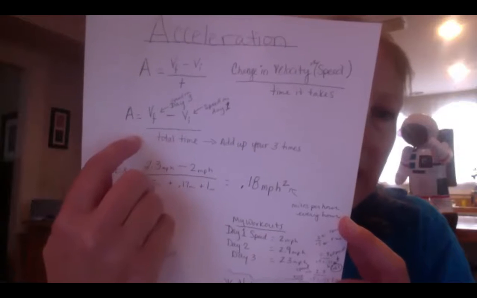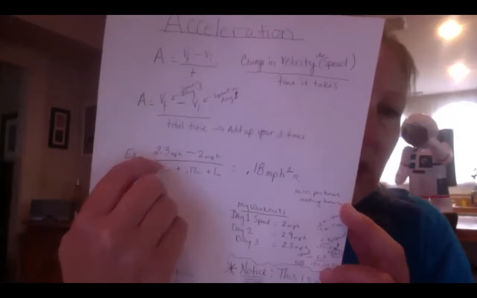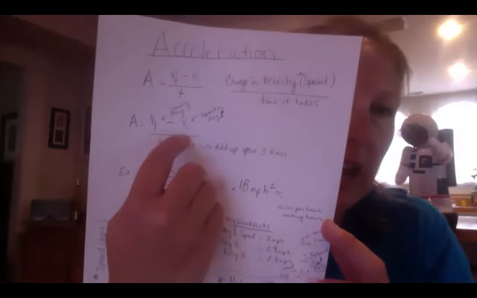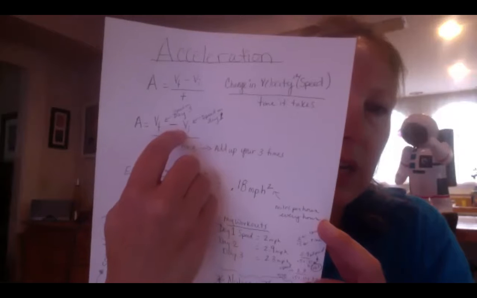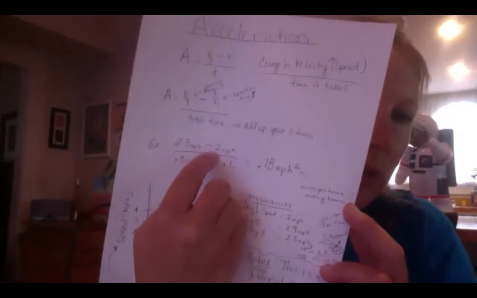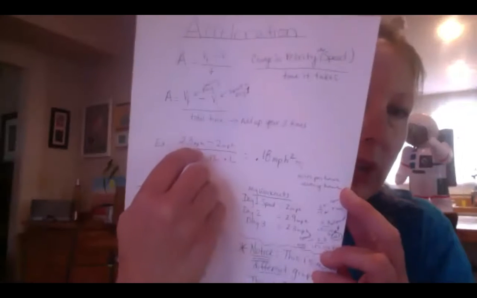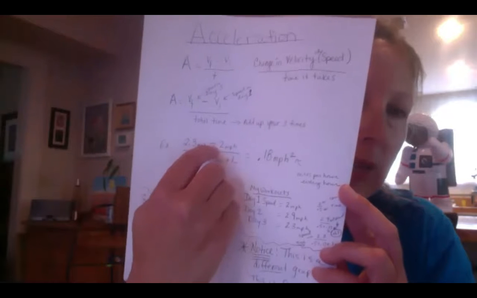So for me, my speed on day 3, which was my medium speed, was 2.3 miles per hour. And then your VI is going to be your speed on day 1, which for me was my slowest speed at 2. So I'm looking at the difference between the two. So 2.3 minus 2 is my change in speed.